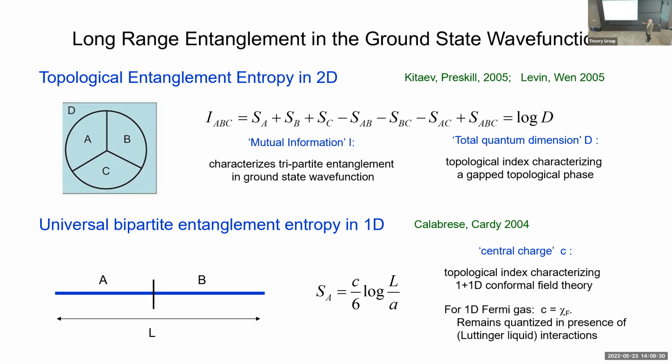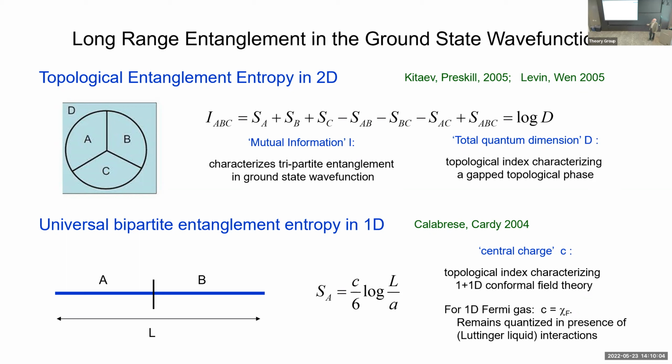That shows that there's a measure of the quantum entanglement, and one version of that is this mutual information that characterizes three regions, and that's related to the total quantum dimension D, which is an integer that gives a topological characterization of some two-dimensional gapped topological phase of matter. Okay, so that's an example of this.